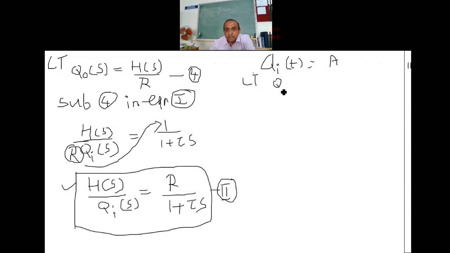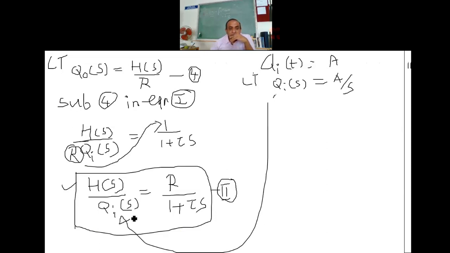You get Qi of S equals A divided by S. If I substitute this here and try to solve, you get your final expression.